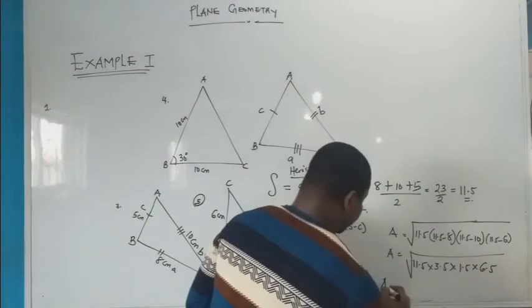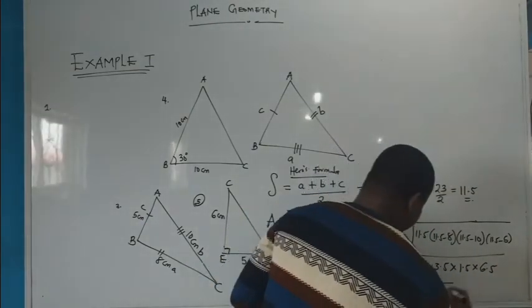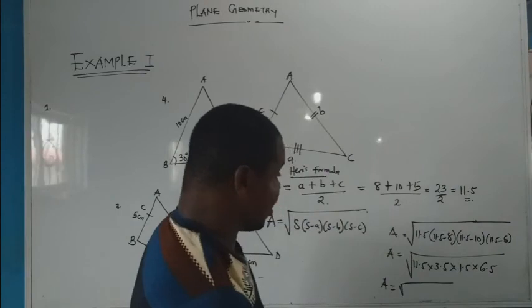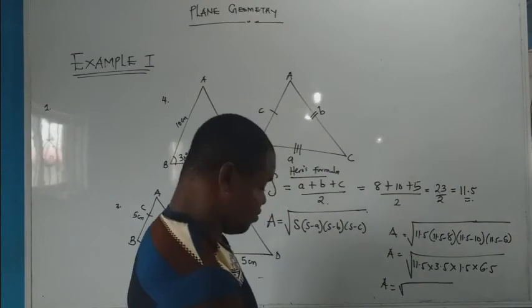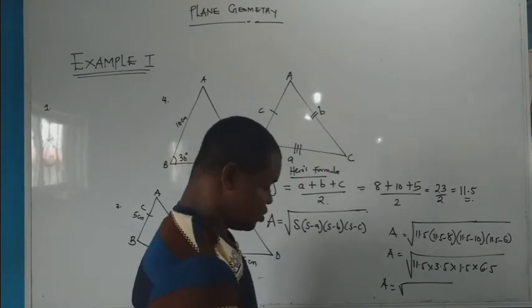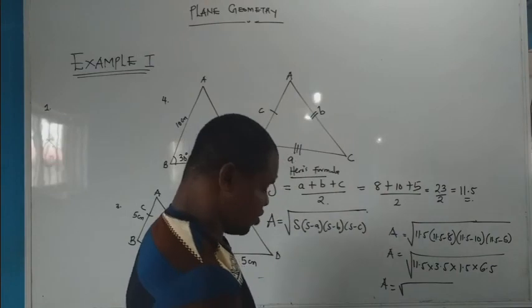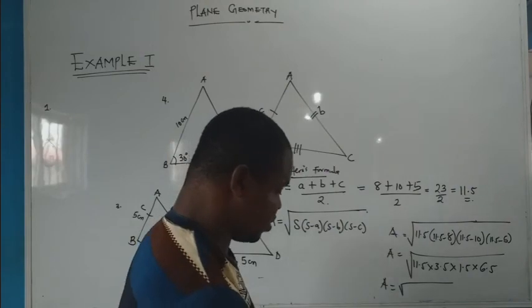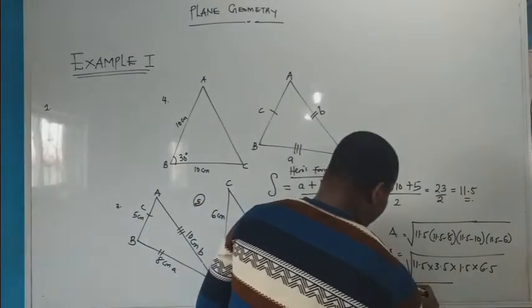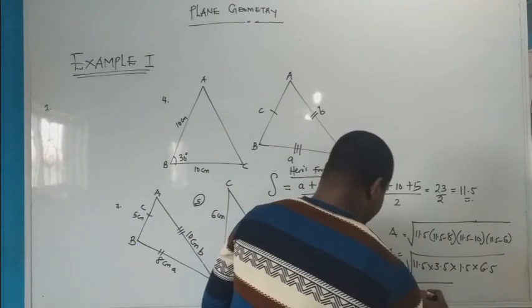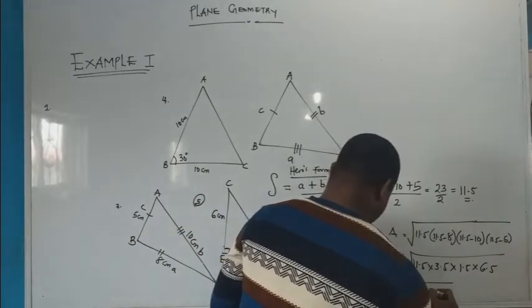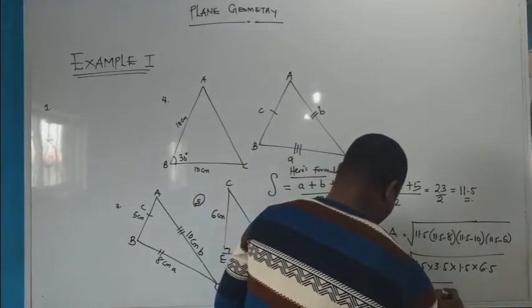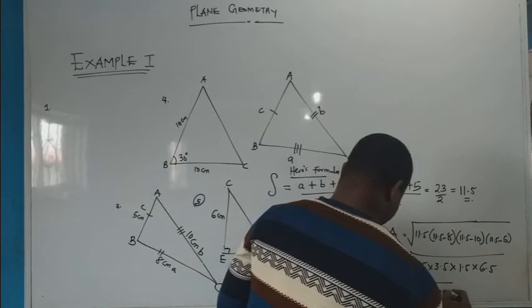So you multiply everything and you find the square root. So we have 6.5, 11.5, that's 1.5, that's 3.5, that's 11.5. So we have 392.4375.